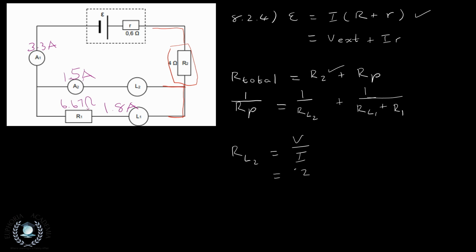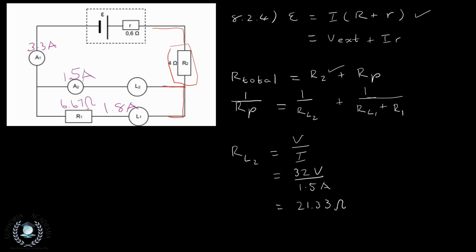Our voltage was 32 volts over our current, in this case 1.5 amps, and that is going to give us a total of 21.33 ohms.